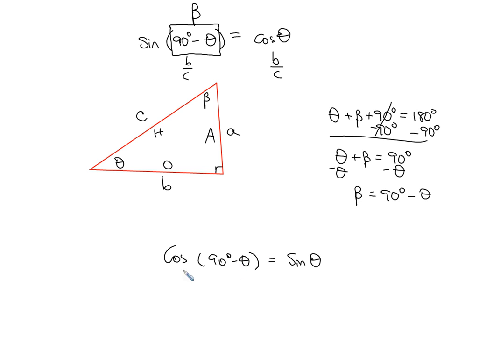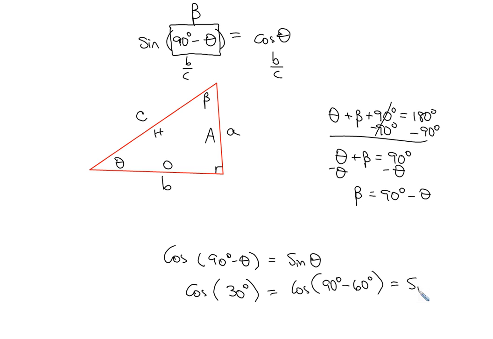Well, if you had this in a trig proof, you could take it out and put this in its place. If you had cosine of 30 degrees, cosine of 30 degrees is really cosine of 90 degrees minus 60 degrees, right?